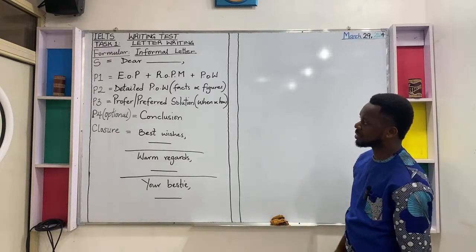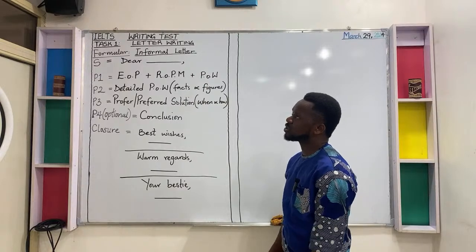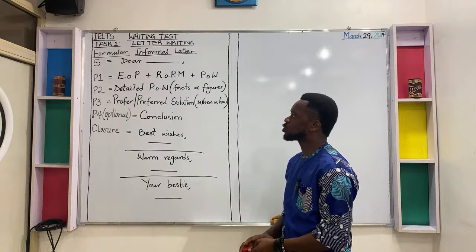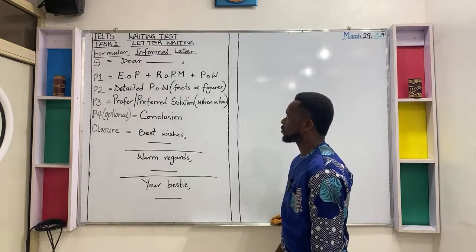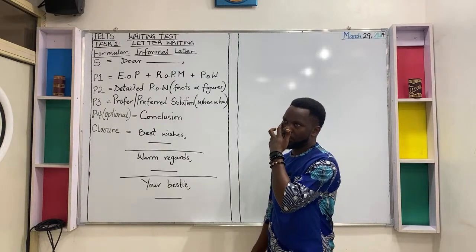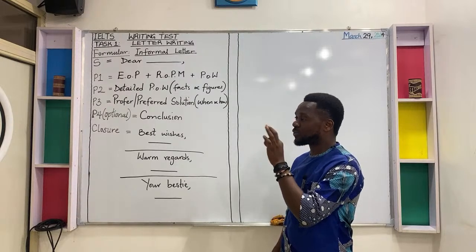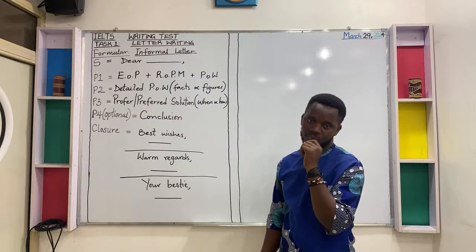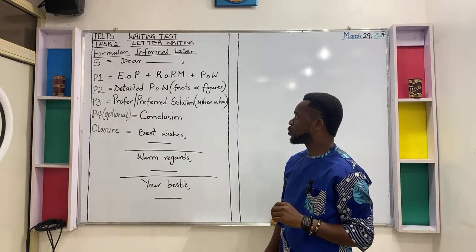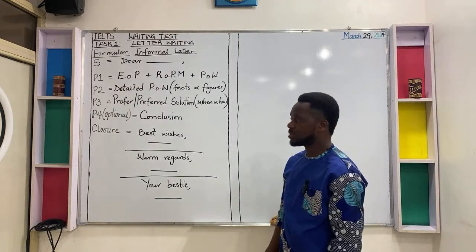Now let's look at this. Dear CJ, for instance, perhaps you are advised in the question to write a letter to your friend notifying him or her about the plan for your parents to go on a vacation, all right, to Canada, and you want your friend to play a role in that particular vacation.